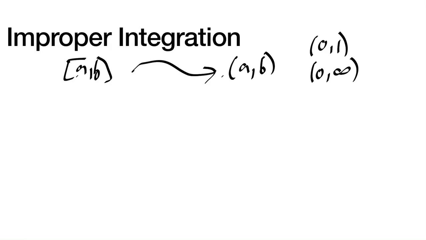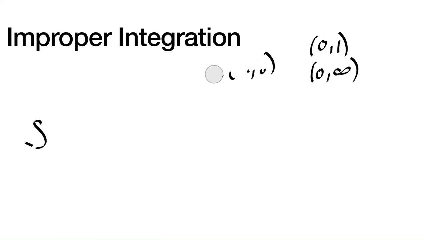All we really do for an improper integral is we think of all of these locally integrable pictures, and then we take the limit.